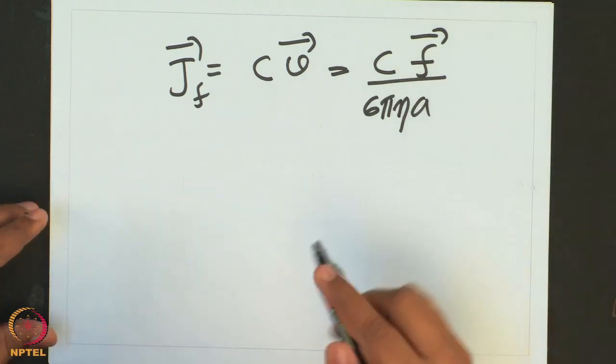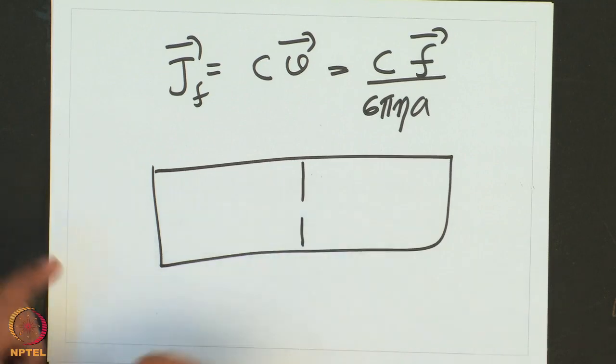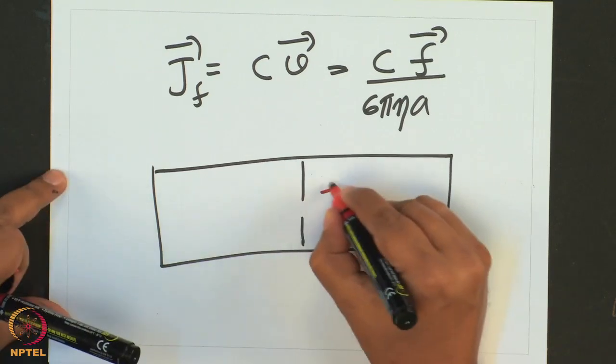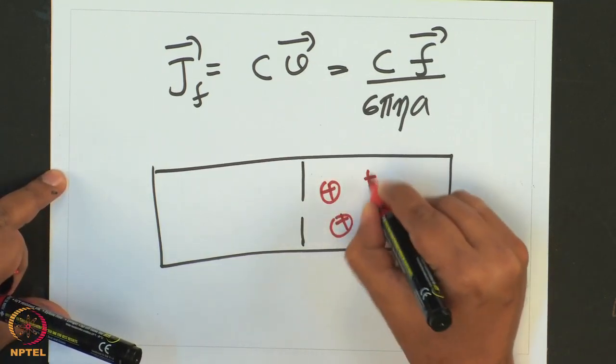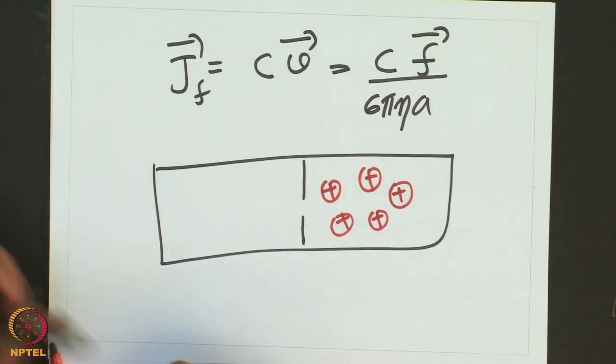So if you think of this situation where you have more plus ions here, I am drawing some different numbers here. These numbers as such do not indicate anything.